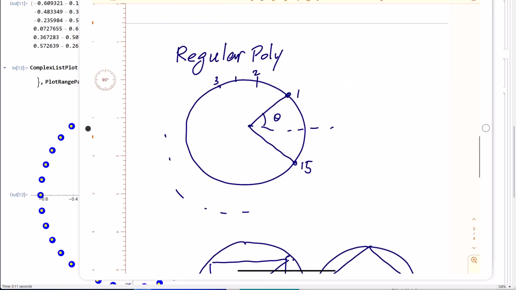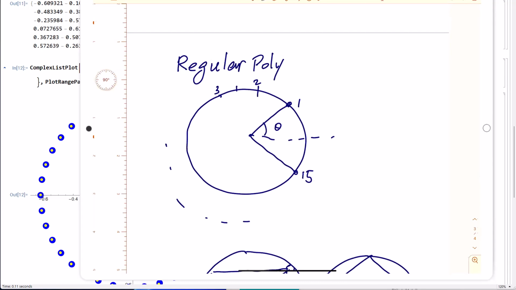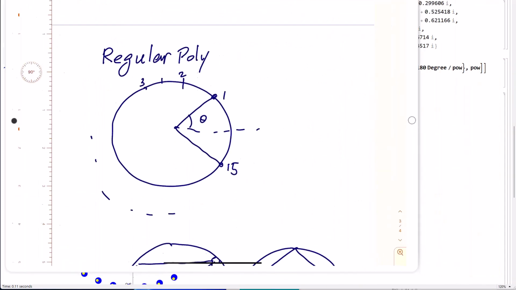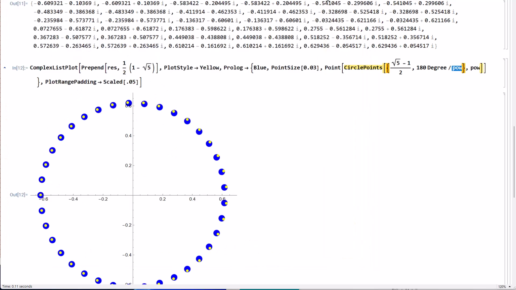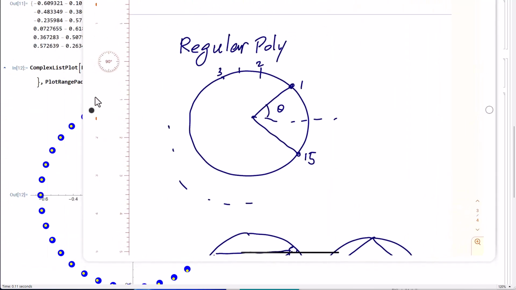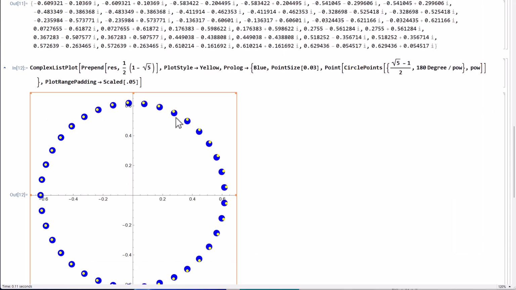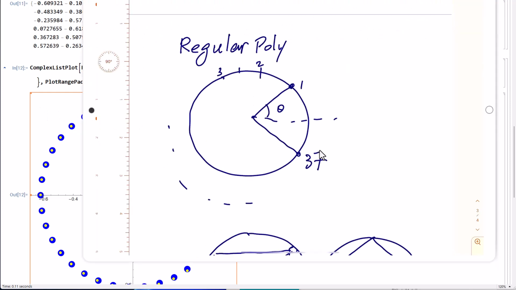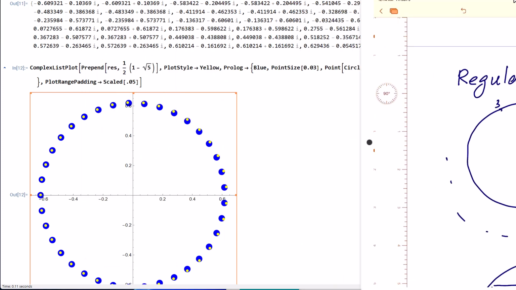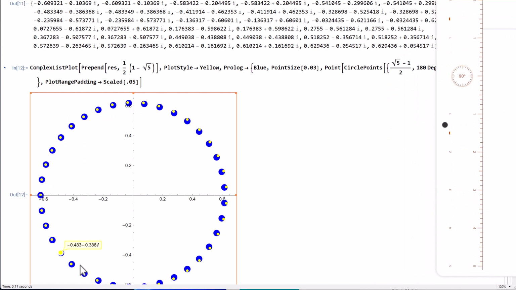In my case, the initialization angle is 180 divided by the number of power. So in this case, it's 37 points. 37 points. And this angle is 180 divided by 37. So this is the regular polygon that I generated along the circle. And all the points sit very tightly to the center of this regular polygon.